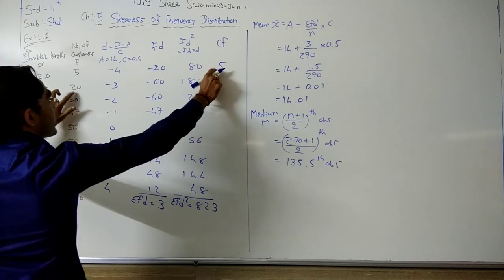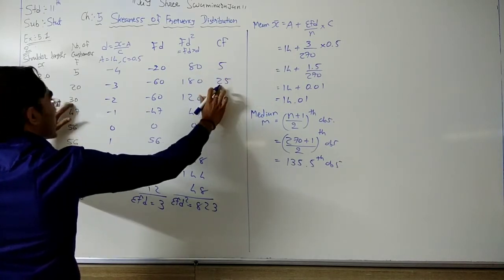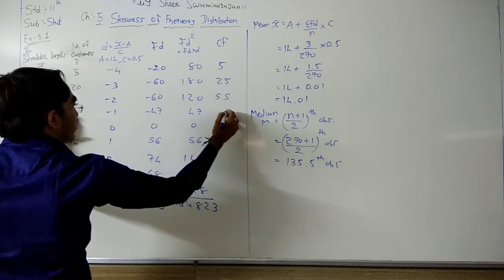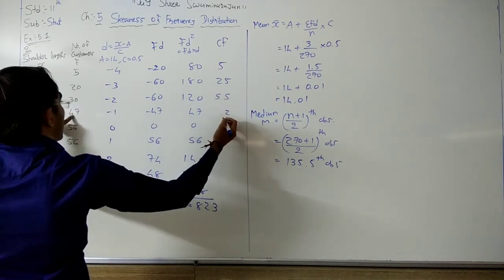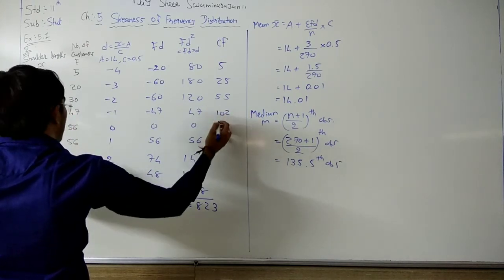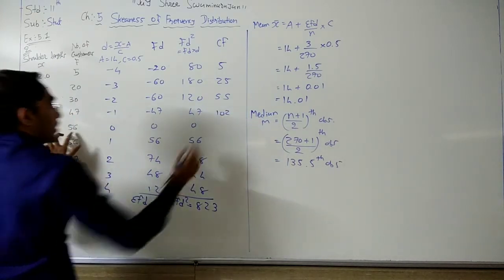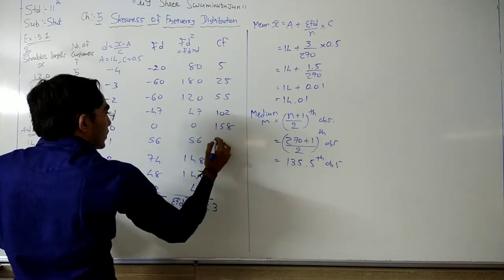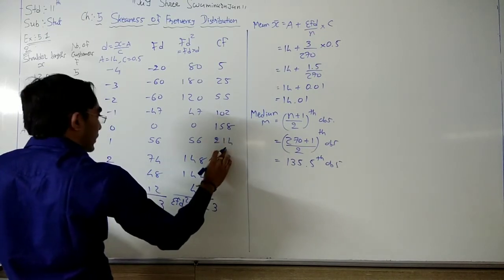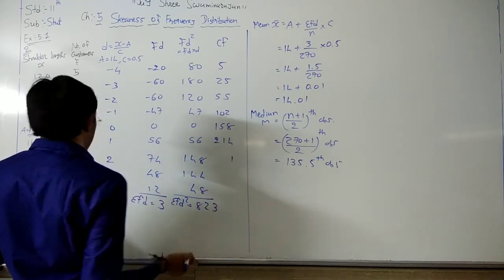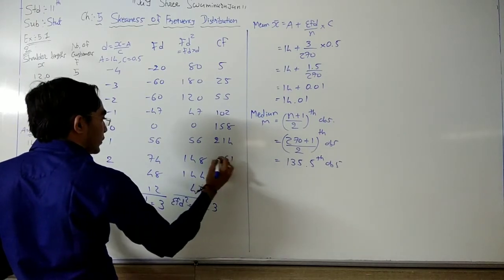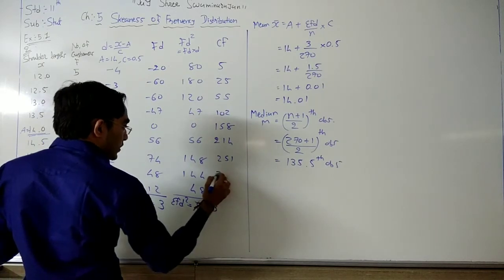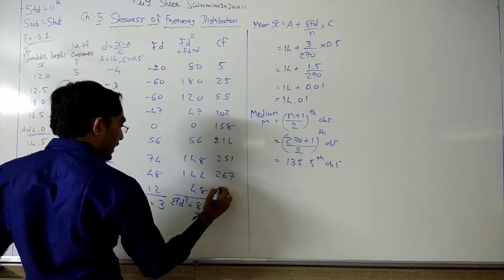After that we need to find the addition. 20 plus 5, 25. 25 plus 30, 55. 55 plus 47, 102. 102 plus 56, 158. 158 plus 56, 214. 214 plus 37, 251. 251 plus 16, 270.